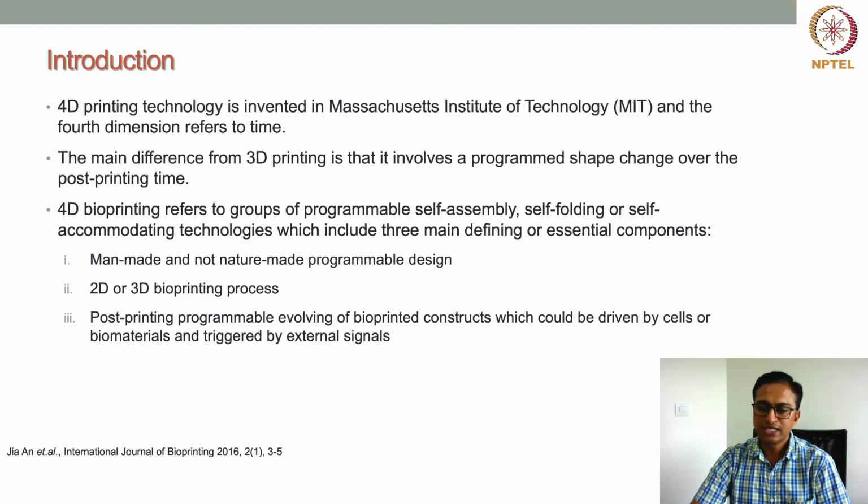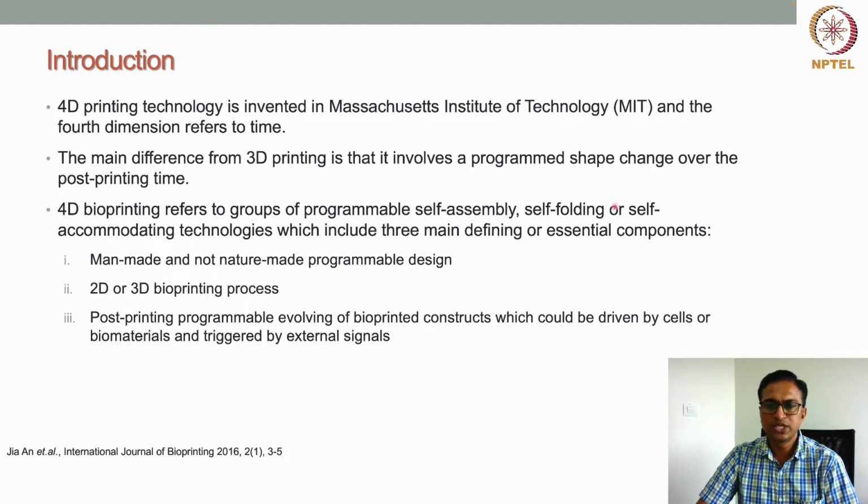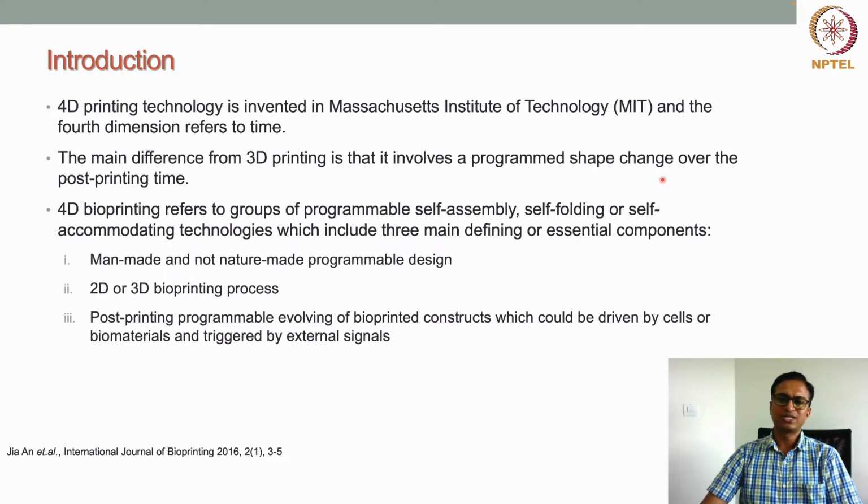The keyword here is the programmed shape change over post-printing time. The structure is printed using any of the 3D printing techniques, but there is a shape change after printing, and that shape change is programmed and anticipated, designed so that it can happen after the printing process.